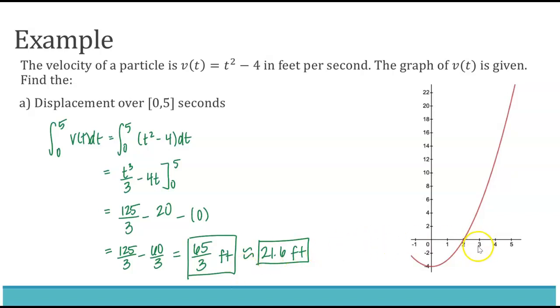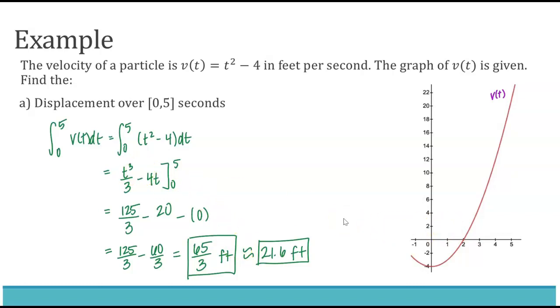Now let's go ahead and graphically shade the region that this represents. So this is my velocity graph over here. This is v of t, and we did the integral from 0 to 5.